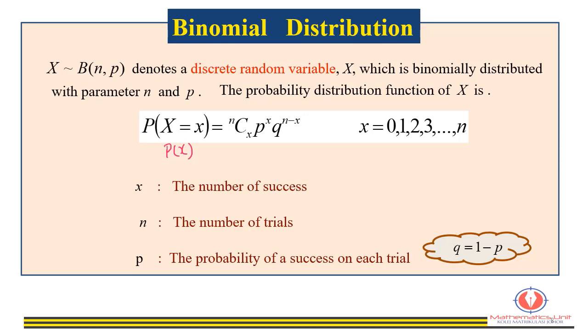That is, the probability of success P raised to the number of successes x, times the probability of failure Q raised to the number of failures, which is n minus x. We multiply that with the number of ways we get x successes in n trials, which is n choose x. Take note that x can only take the whole numbers from 0 to n.